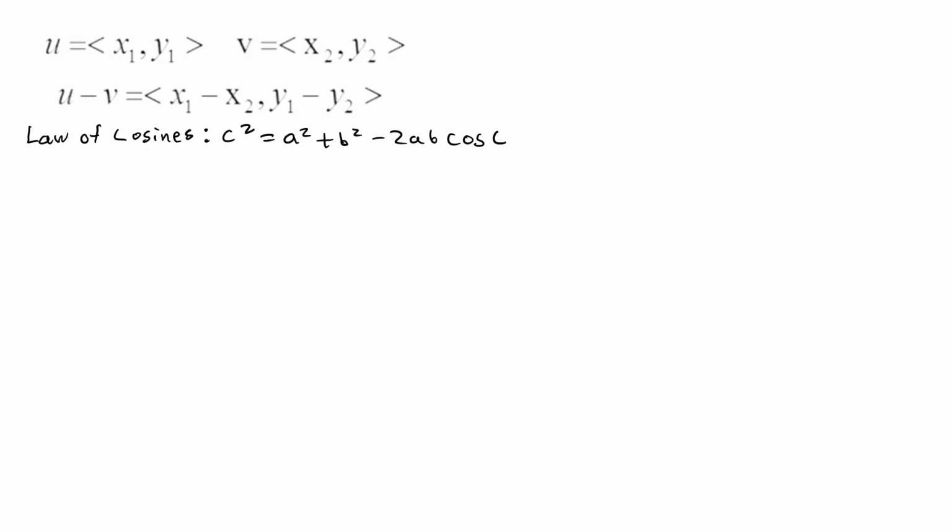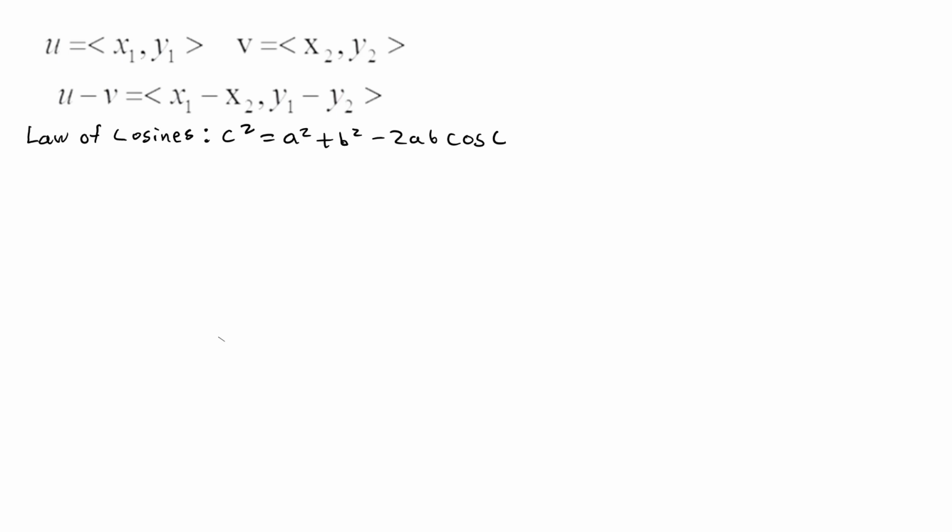In this case, we're going to say that the magnitudes of u and v are a and b, because the angle C, which we're going to denote as angle alpha, will be between the two vectors u and v and their magnitudes.